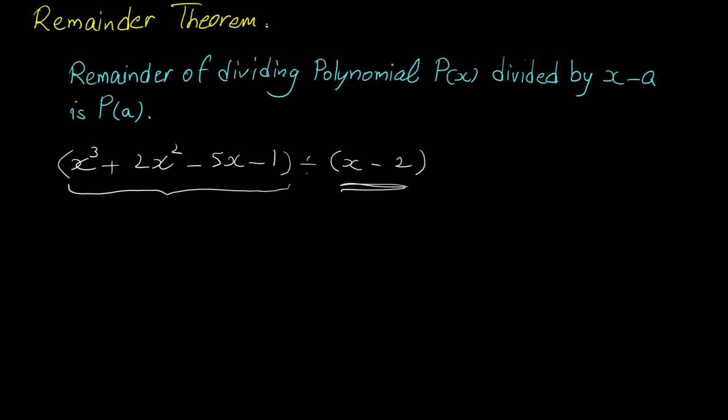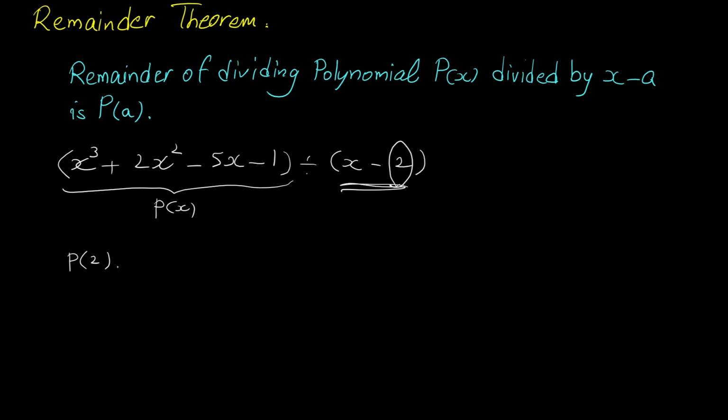Based on the remainder theorem, we plug in 2 in this expression and calculate its value at 2, and it gives us the remainder. I am naming this expression p of x.